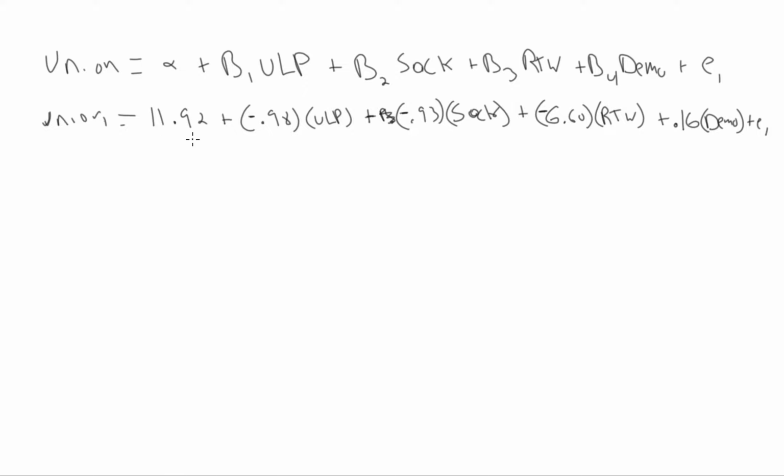Now, we never see that in the real world, so we have to plug in numbers that actually mean something, because we know that you never have 0 for, say, Democratic Party support.